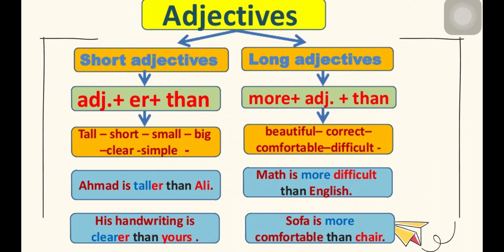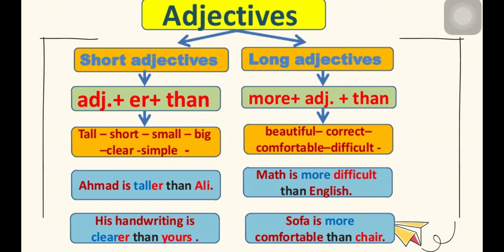So let's take a look at long adjectives. Look at the form: more plus adjective plus than. Long adjectives have long sounds, like beautiful, comfortable, correct, difficult. Yes, very good, everyone.